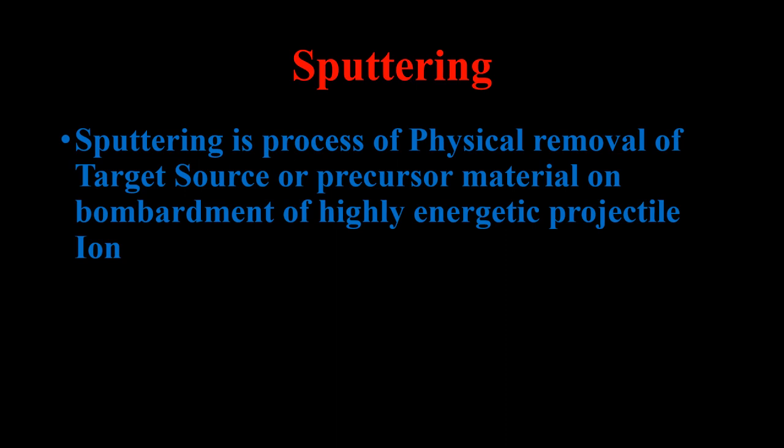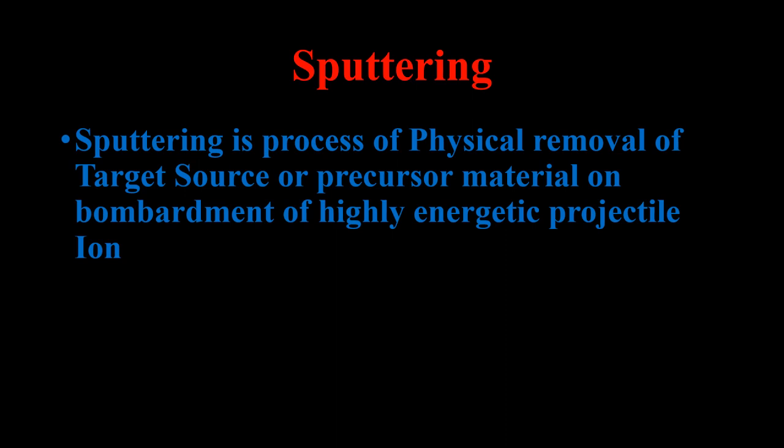So, dear students, it is very important to understand that in order to remove the source material from the surface or from inside the surface, we need the projectile ion with higher energy than the binding energy of the source material atoms.